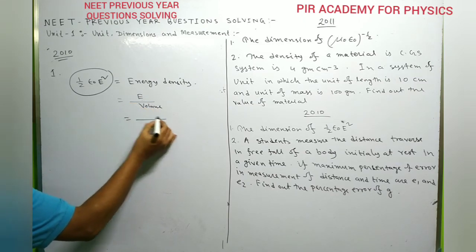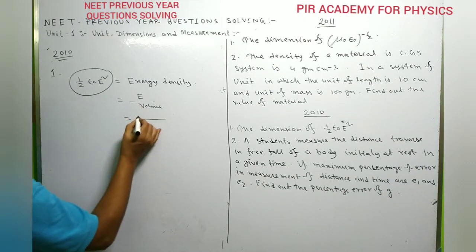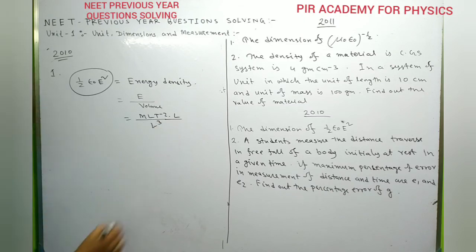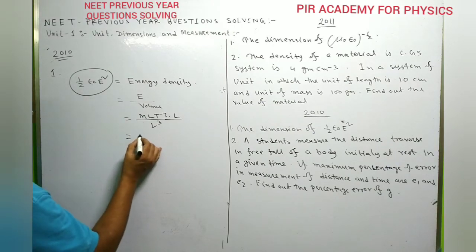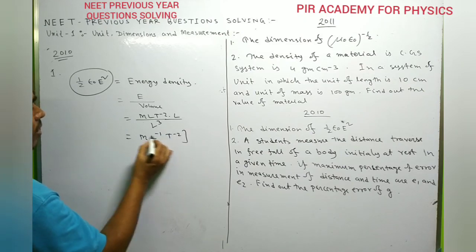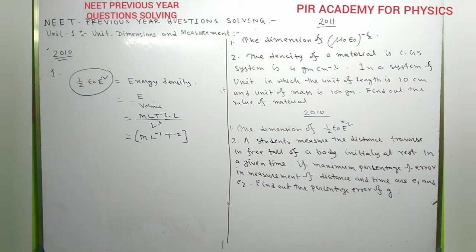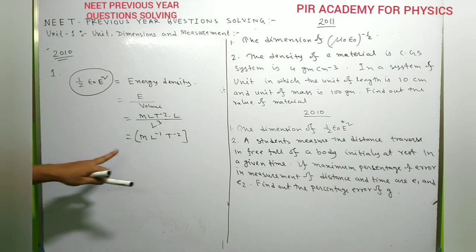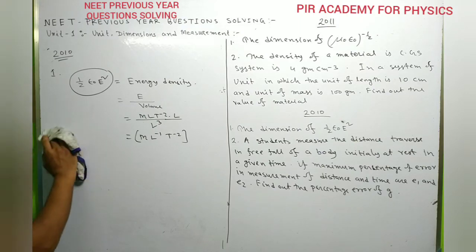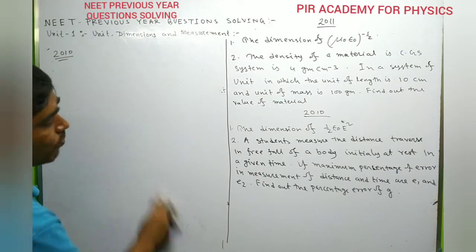Energy is work done, so it will be M L T to the power minus 2 into L, and volume is L cube. So it will be M L to the power minus 1 T to the power minus 2. This is the dimension of half epsilon naught E square.